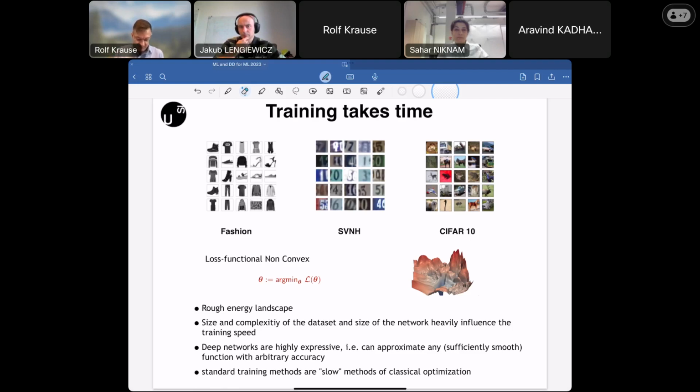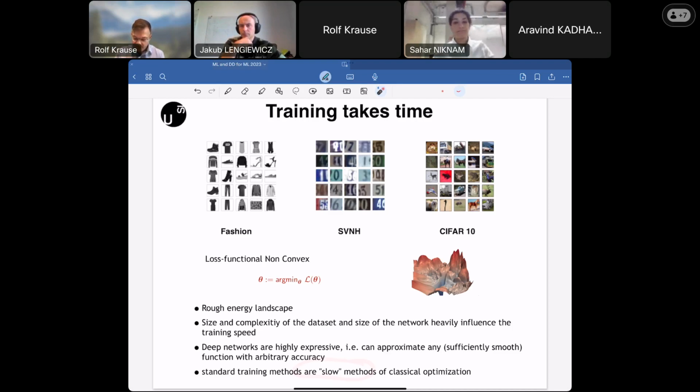Okay, so what we know is that size and complexity of data set heavily influence training. And we also know that gradient method, even if you add momentum, it still remains a first order method, and momentum is a little bit like Krylov acceleration, which is a technique we already know from the 60s. Even if you use these modern techniques, it remains a very slow method for minimizing functions.